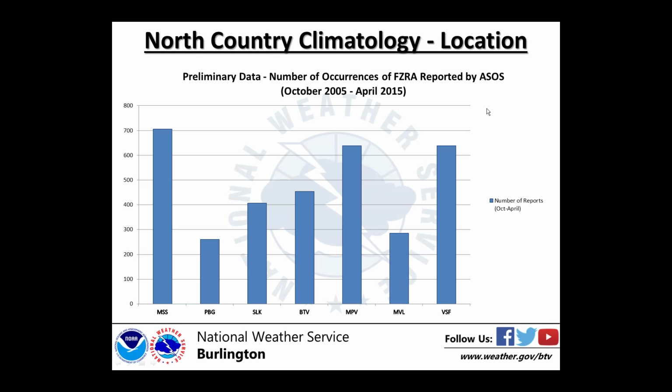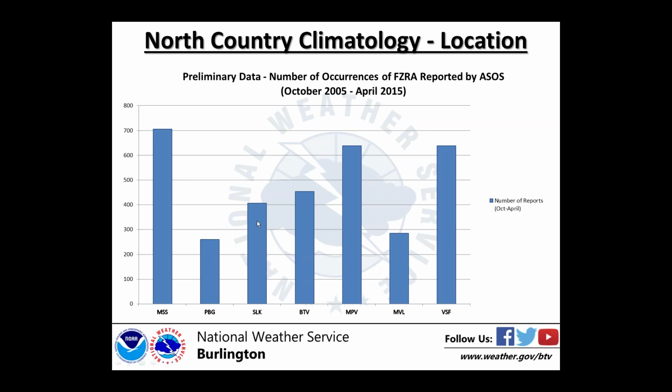Then looking by location across the North Country, our winner for the most occurrences of freezing rain reports is Messina, New York. And as we go from left to right, Plattsburgh, New York is pretty much the lowest out of our automated surface observation systems.